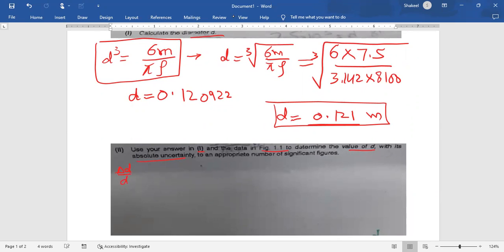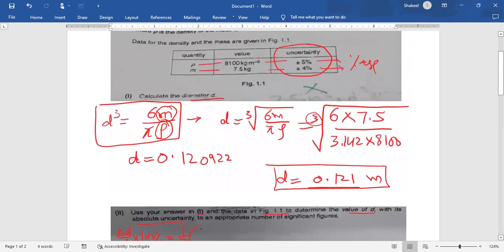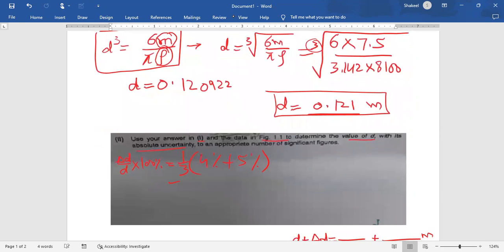The percentage uncertainty in D is equivalent to 1 by 3 of, because of the cube root, which has a power of 1 by 3. There are two things that have error, the mass and the density, and the errors are 4% and 5%. So you'll simply add them, 4% plus 5%, which gives 9, and 1 over 3 of 9 is 3%. So the percentage uncertainty in diameter is 3%.